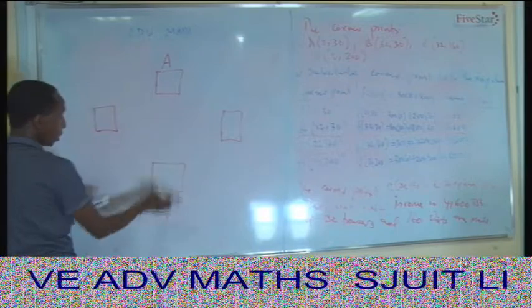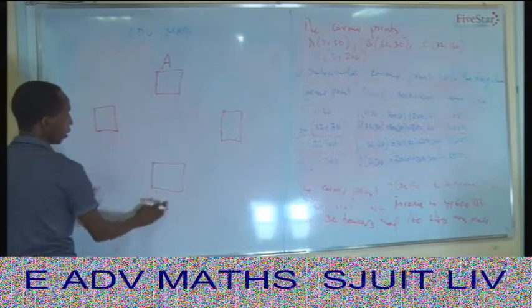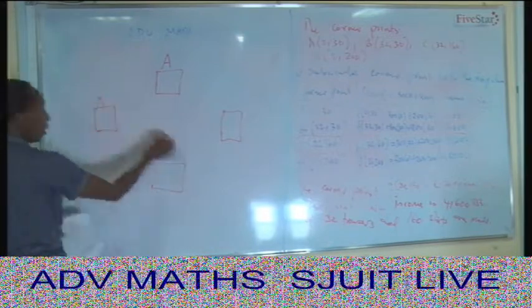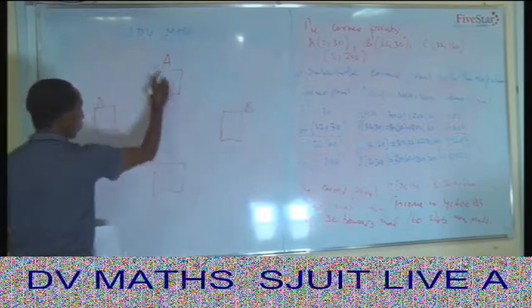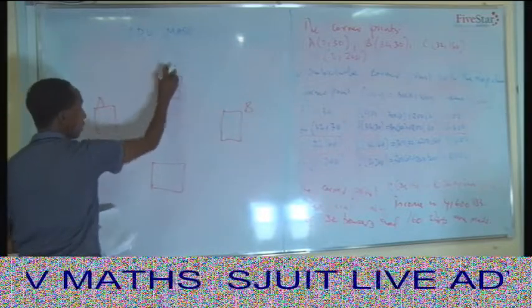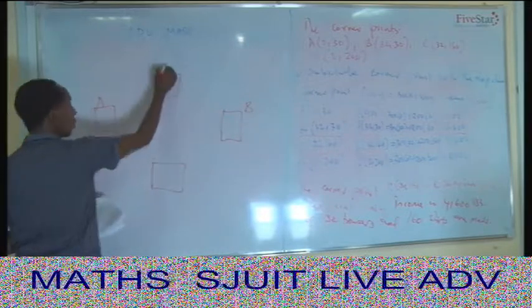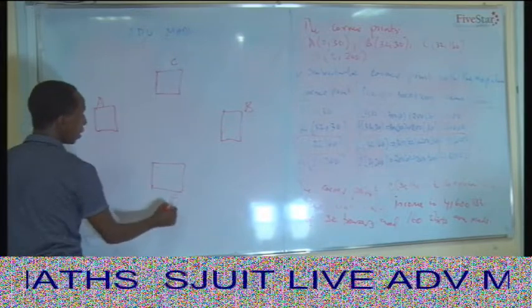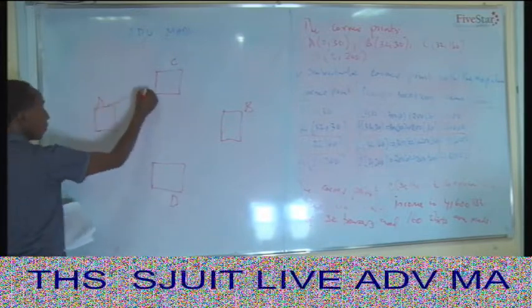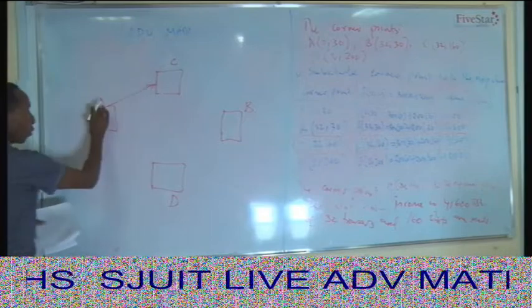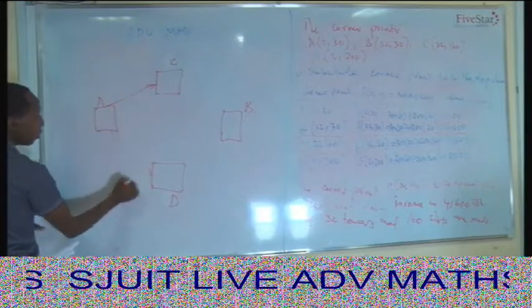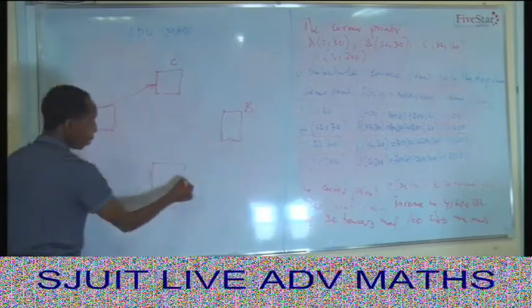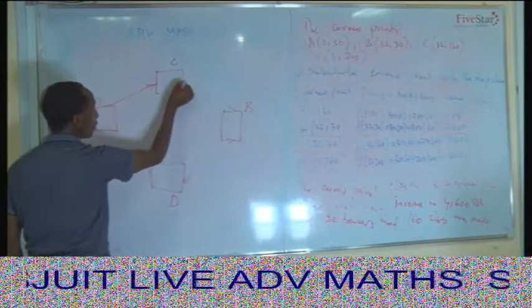These are warehouses. You can just exchange the notation, maybe these are A and B in order to simplify. So these are the warehouses, labeled as C and D, which means the wheat flour is transported from A to C and from A to D and from B to D and from B to C.